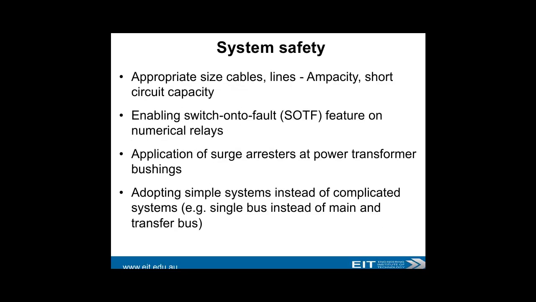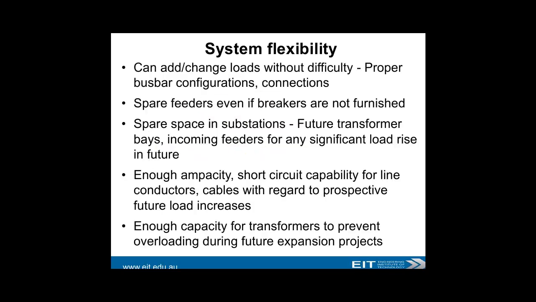Sometimes they get old and damaged. System safety, appropriate sizing of your lines and cables, enabling switch on to fault feature on your numerical relays, surge arresters of power transformer bushings, and obviously looking at buses. I'll talk about buses at the end.